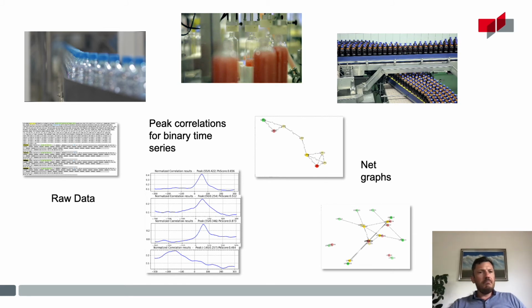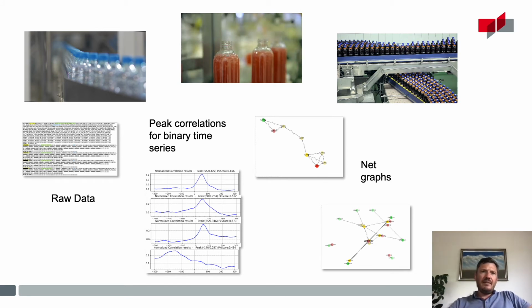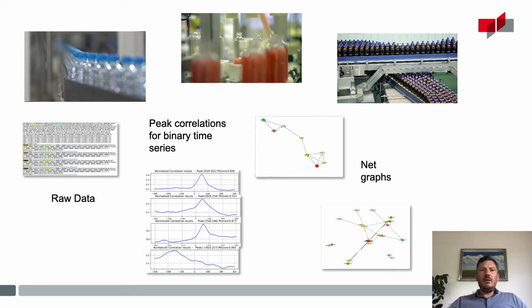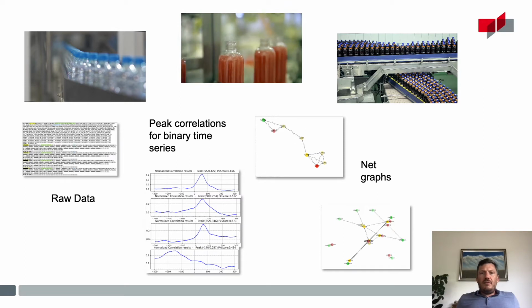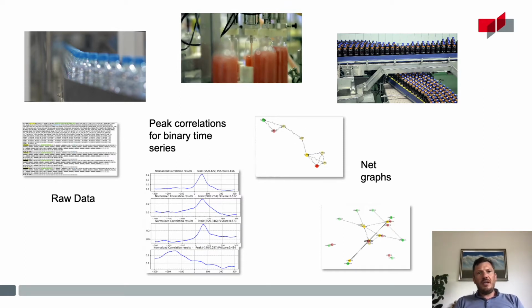Then, after some computation, we get peak correlations for binary time series. And at the end of the day, we recompose the results from the peak correlation analysis to some net graphs. And this is what we're going through now during this talk in two iterational steps.